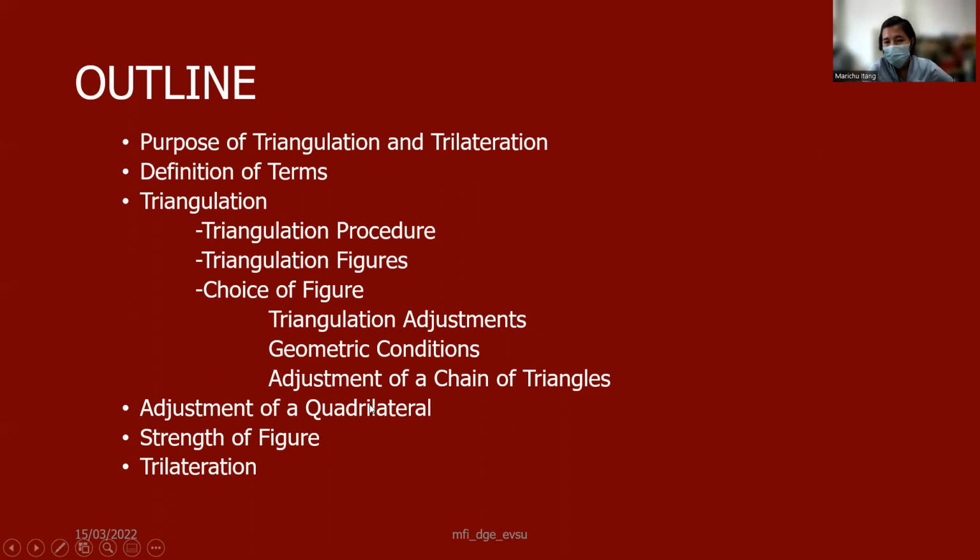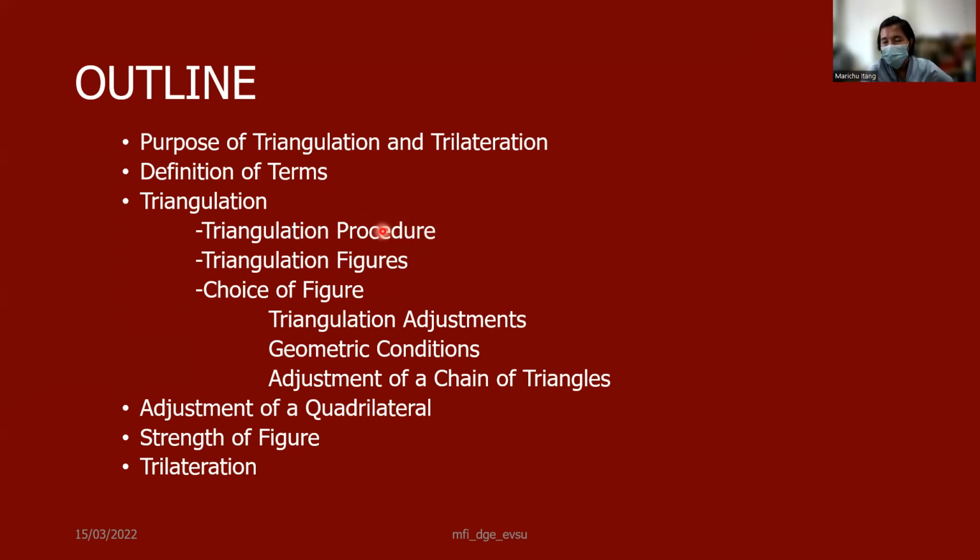I'm going to review again the methods for the adjustment of the quadrilateral and the strengthened figure in the trilateration. For the triangulation procedure, we are going to focus on it because there are a lot of computations in the last part of the procedure.